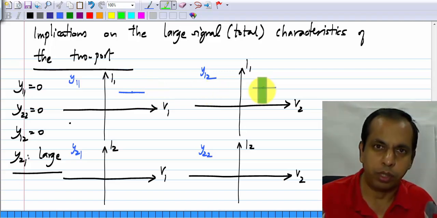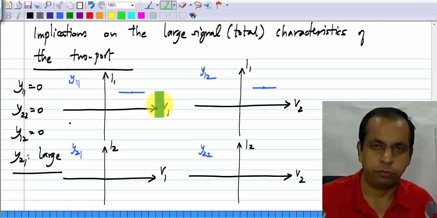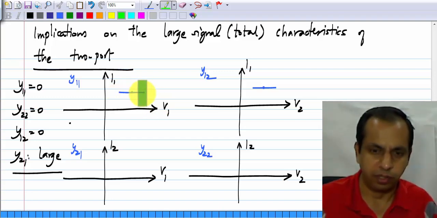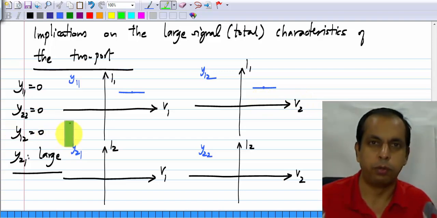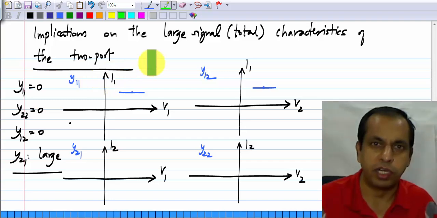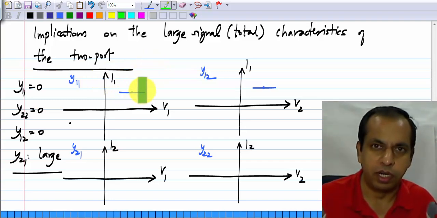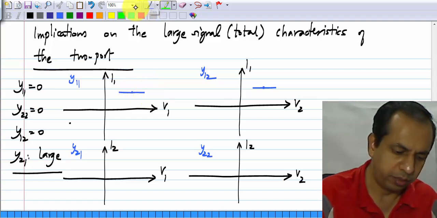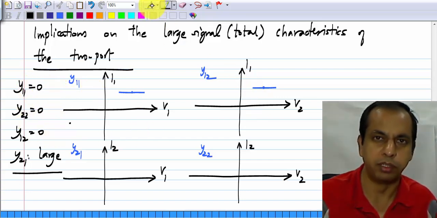Around some operating point, y11 is 0, that is the variation of I1 with V1 is negligible, it is 0. The variation of I1 versus V2 is also 0 because y12 is 0. So, this means that this current I1 is constant, that is, it is independent of V1 and V2 around some operating point. Okay. So, that is what is implied by these two small signal parameters.